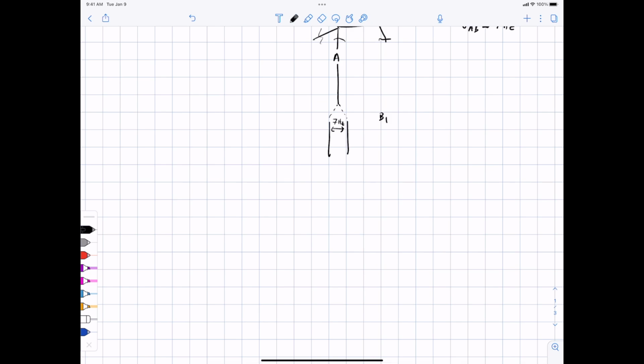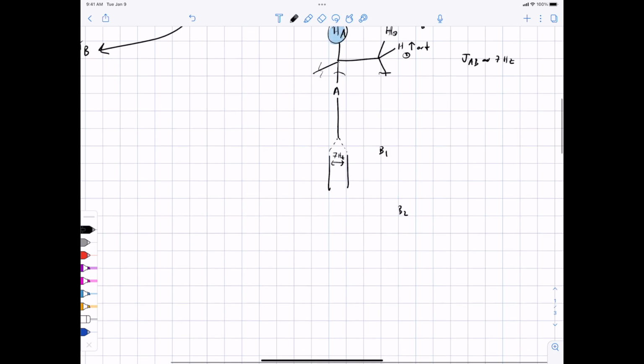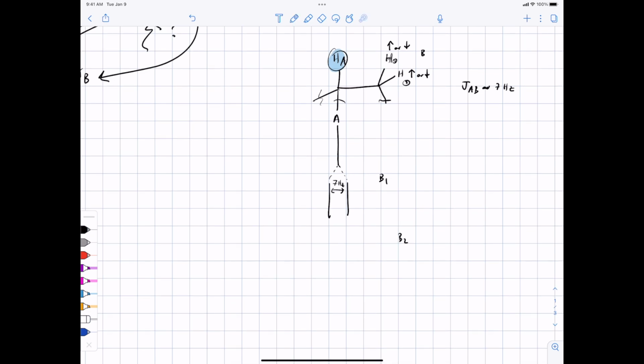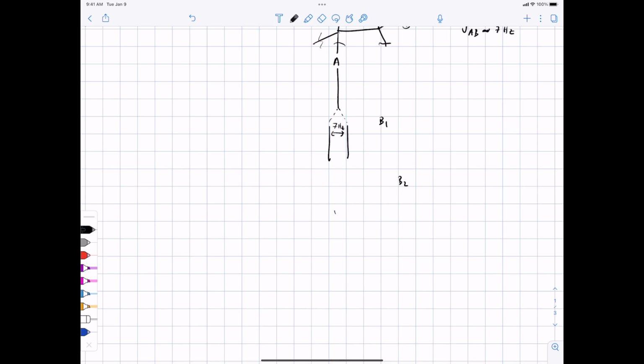Now let's turn on the second splitting for the second proton. And again, the coupling constant between protons A and B, whether it's B1 or B2, is going to be 7 hertz. So we're going to split each of these peaks here into their own doublets, again with a difference of 7 hertz, right?